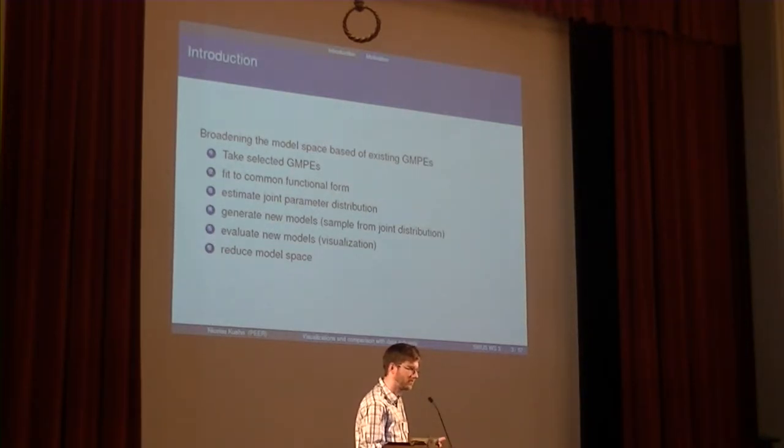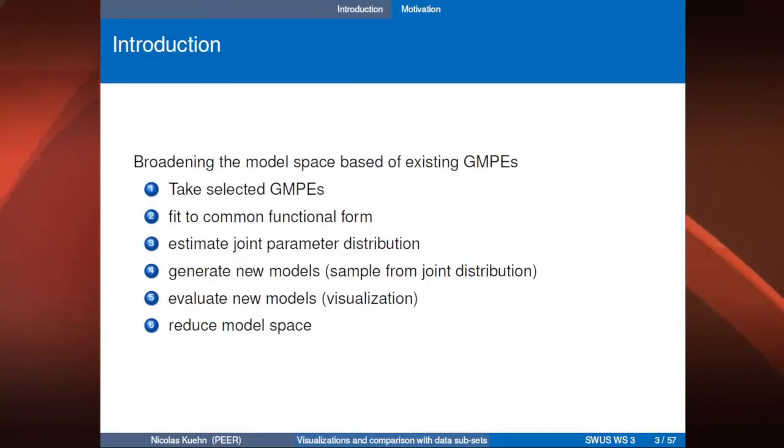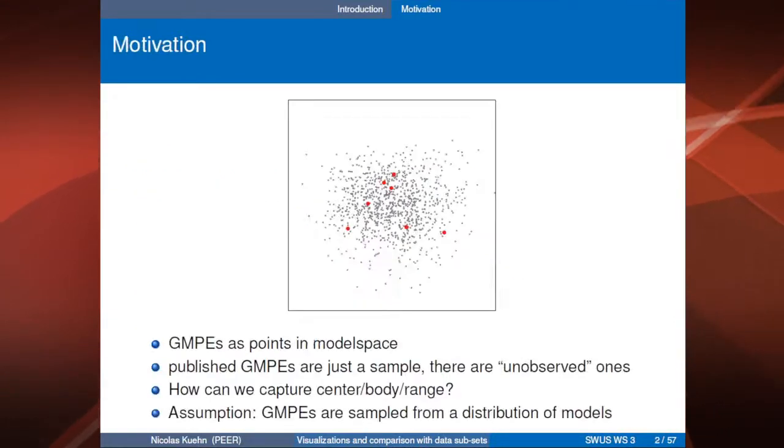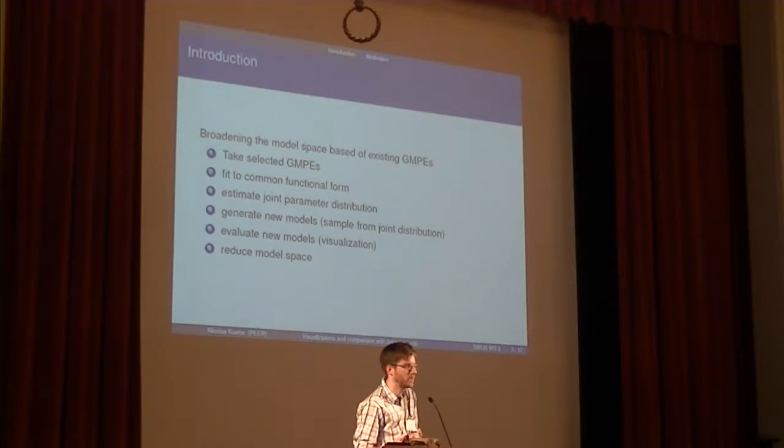So imagine we have 7 GMPEs and 7 sets of coefficients, and then we can estimate the joint coefficient distribution. From this joint distribution, we can sample new sets of coefficients, and this means we can generate new GMPEs. And then in the end, we have maybe sampled this whole space of gray models, and then we need to think about how to reduce that: which of them are physical, which are credible, which are not. That's the job of the TI team then.